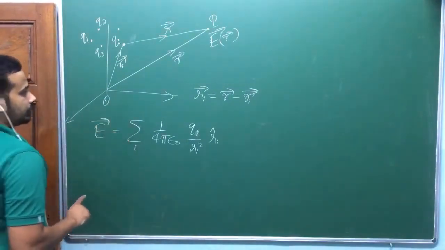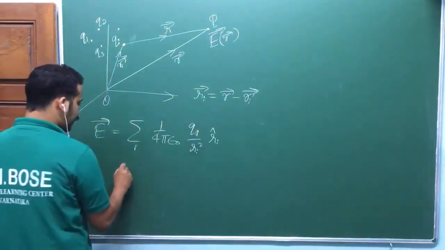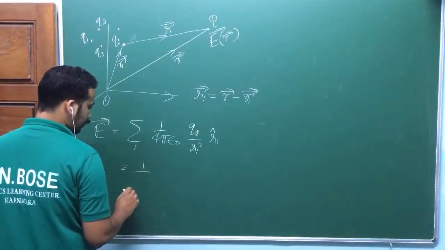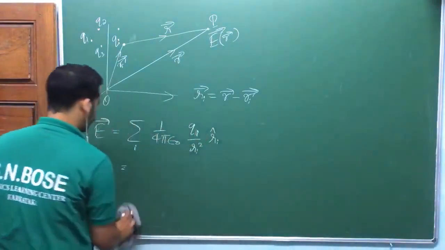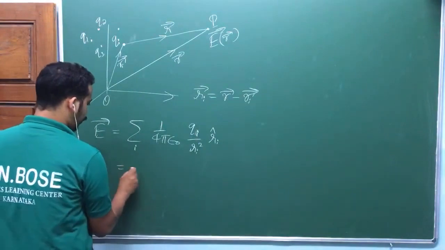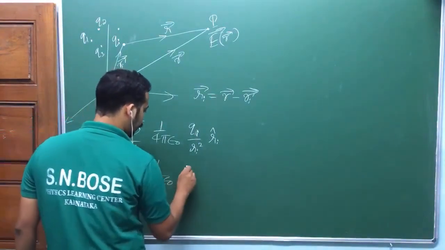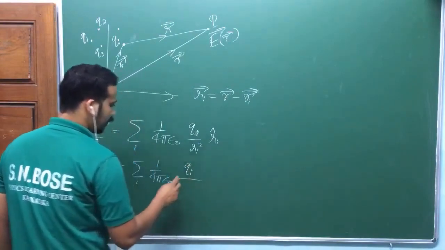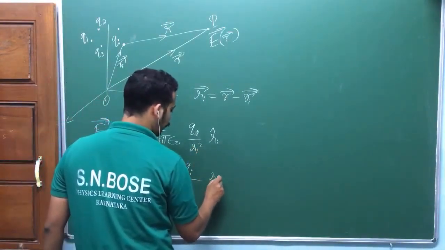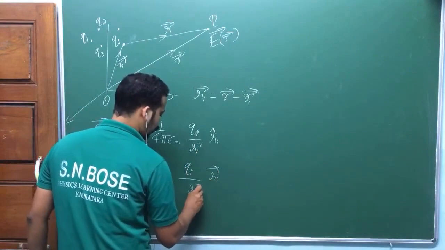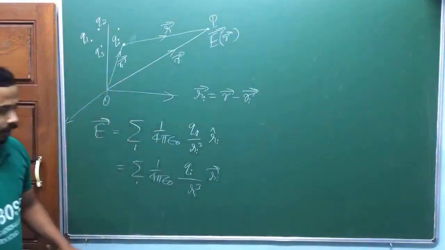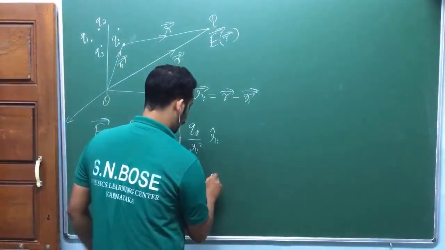Let me rewrite this if you are worried. This is equal to summation over i, 1 by 4 pi epsilon naught, Qi, Ri vector divided by Ri cube. What is this Ri vector?